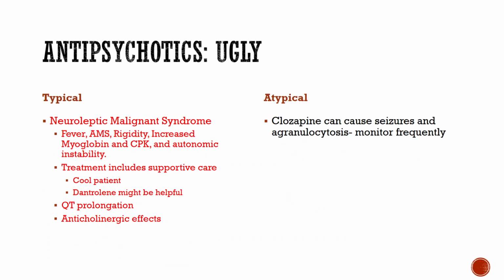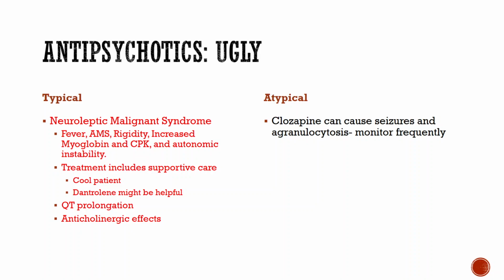So with our typical antipsychotics, we do have a risk of having neuroleptic malignant syndrome. Okay, so neuroleptic malignant syndrome is characterized by a high fever. That's what you're going to see kind of first and foremost. It's going to give you a clue as to what's happening there. Patient will also have some altered mental status, some rigidity, and increased myoglobin and CPK because of their rigidity there, and they'll also have some autonomic instability.